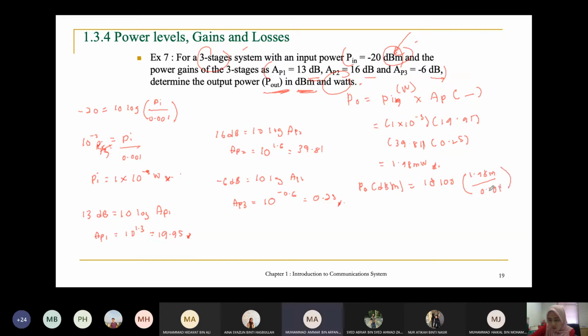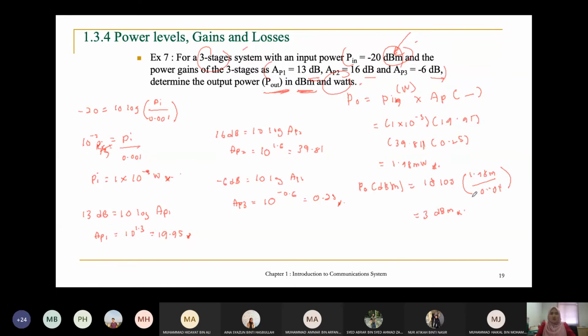So you will get 3 dBm. Okay, 3 dBm, so make sure that the unit is correct. So this is 3 dBm.